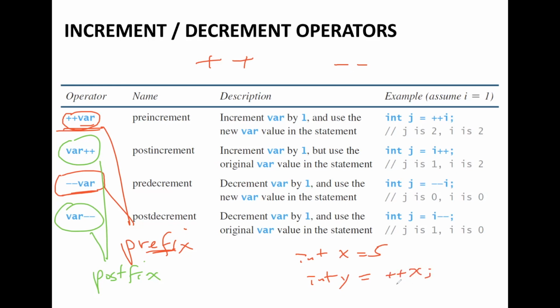So what happens is, since plus plus literally means x equals x plus 1, you're incrementing your x by 1 over here, which results in your right-hand side being 6, because 6 is 5 plus 1, which means this value 6 is assigned into the variable y. This also means that x is also 6 at the end of this increment.